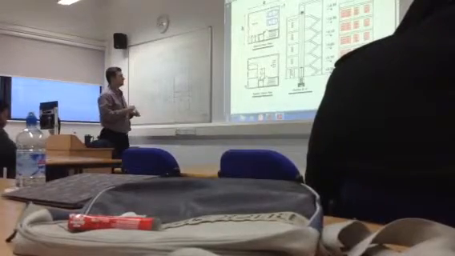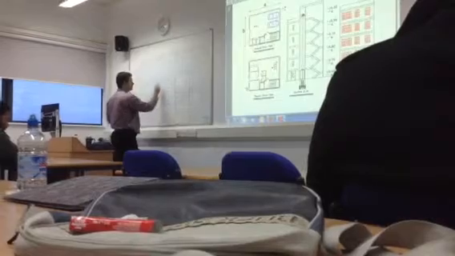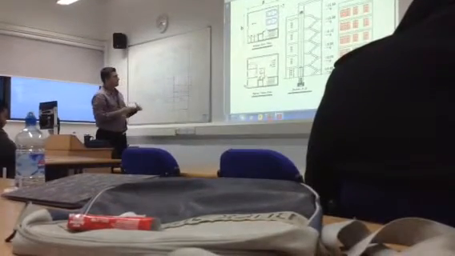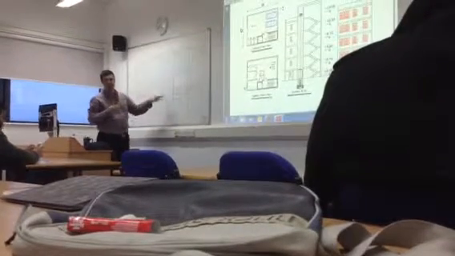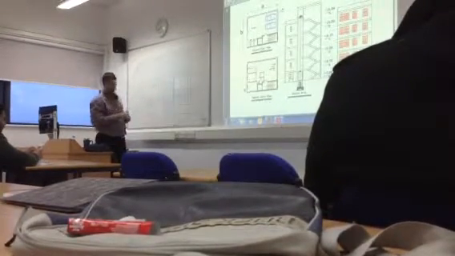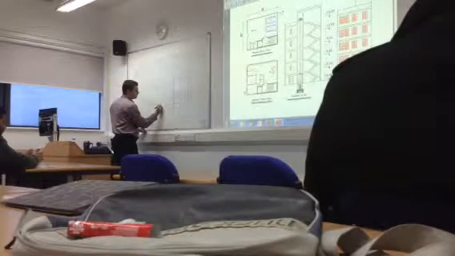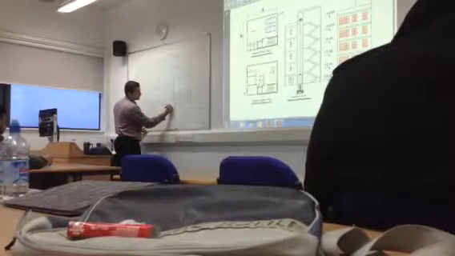Then you need to place primary beams and secondary beams. So primary beams are shown with a dash line symbol.